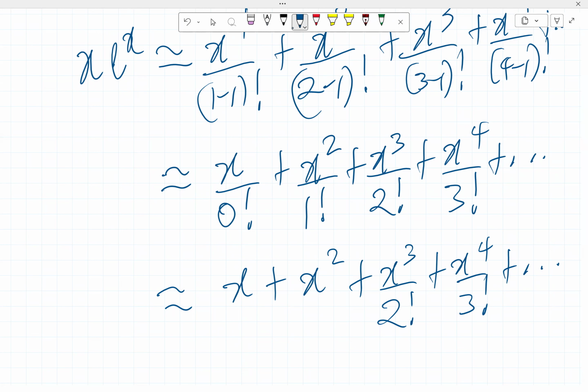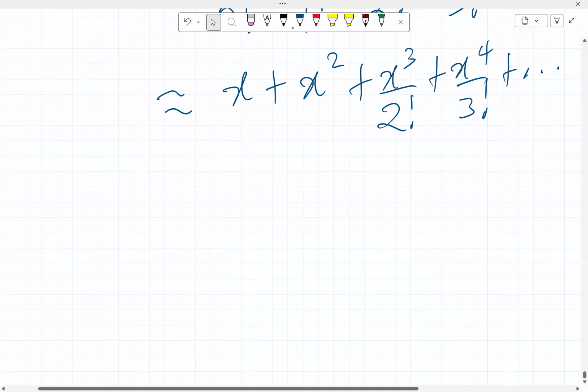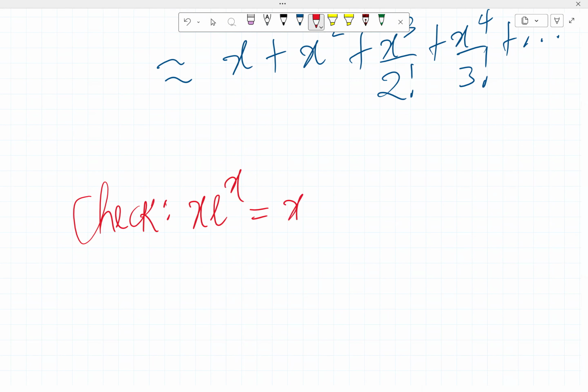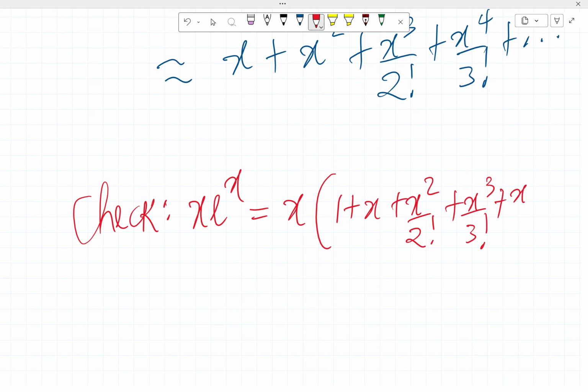Because normally, we already know we have x e raised to power x, and we know that e raised to power x is 1 plus x plus x squared over 2 factorial plus x cubed over 3 factorial plus x to the 4 over 4 factorial, and so on and so forth.